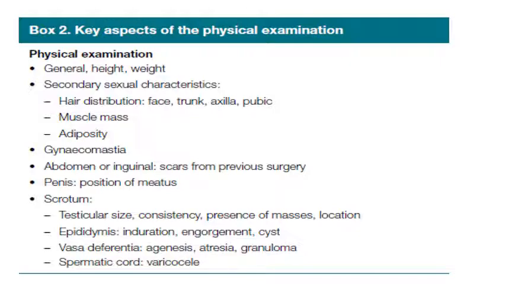So again, continuing with our evaluation of a patient of infertility, we have seen in the previous slides the evaluation of the patient through history. Then we come to physical examination. In physical examination, we should mainly evaluate the development of secondary sexual characters, whether there is any presence of gynecomastia or any major surgeries in the abdomen or inguinal region.